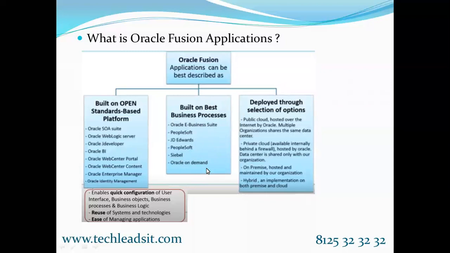These are familiar applications: E-Business Suite for things like SCM, PeopleSoft for finance, Siebel for customer relationships, and Oracle On Demand for user applications. Like this, Oracle has familiar applications for these special tracks, right?